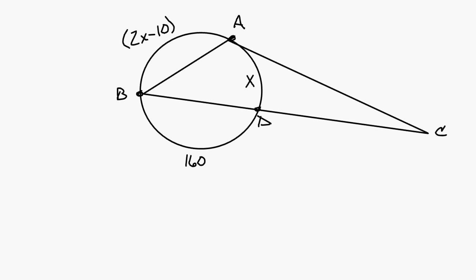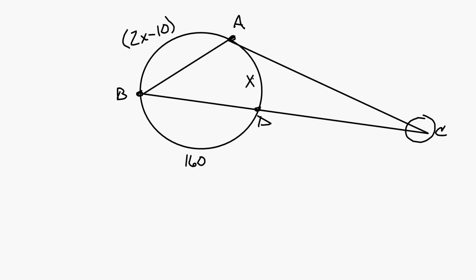If you knew x, could you substitute the value of x and determine all these arcs? If you knew the two arcs, arc AB and arc AD, could you subtract them from one another and divide by 2 and get angle C?